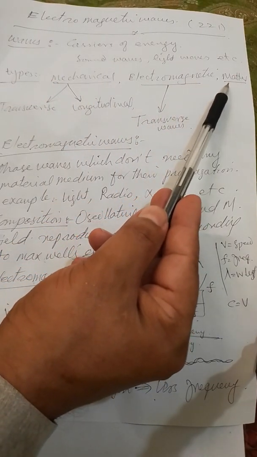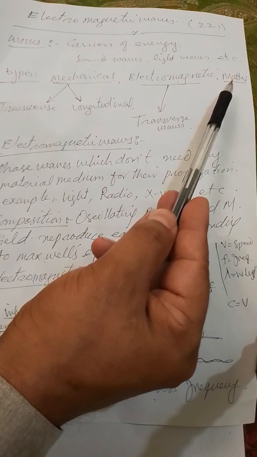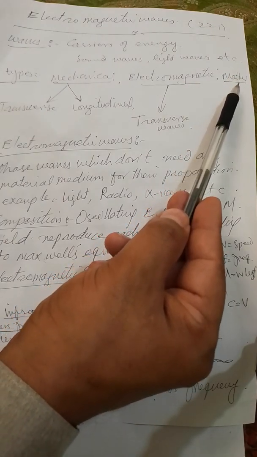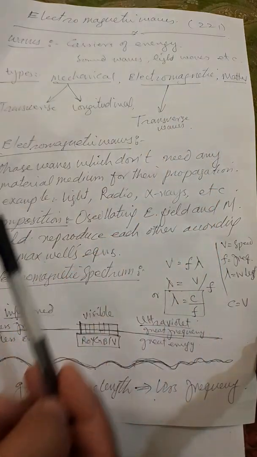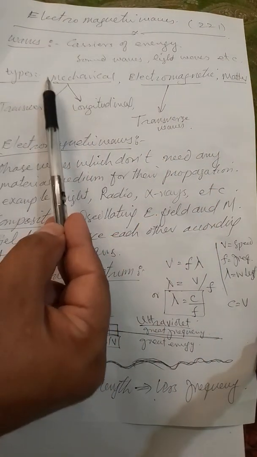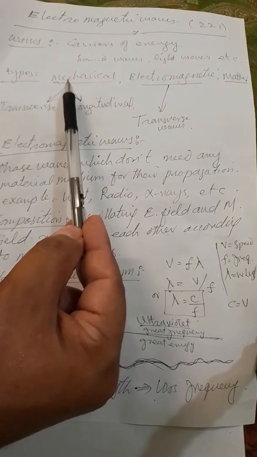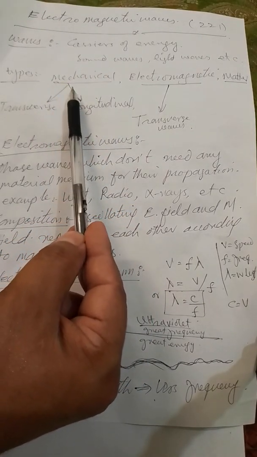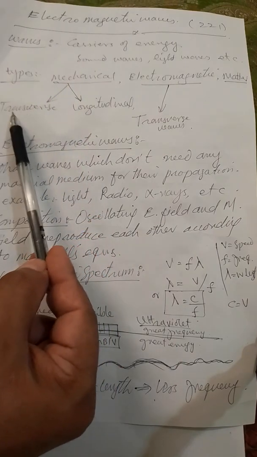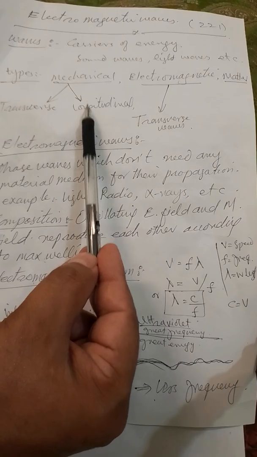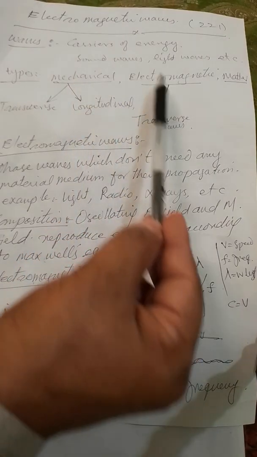And a third one, which we'll be explaining in next chapters, is de Broglie waves, or matter waves. Mechanical waves are those waves which require a material medium for their propagation, like sound waves. They are further classified as transverse mechanical waves and longitudinal mechanical waves.